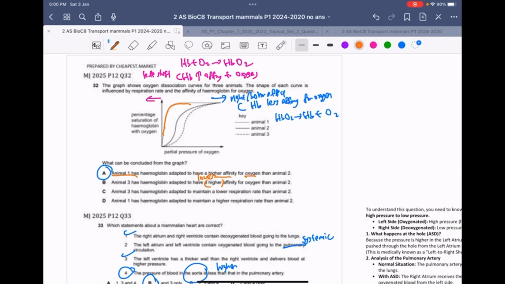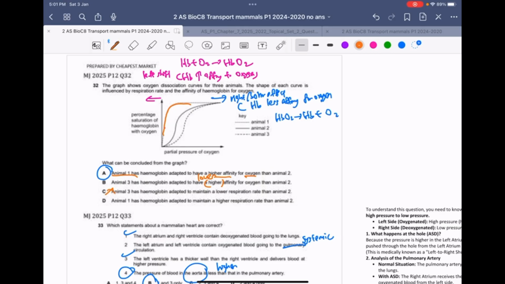So this is saying that animal 3 adapts to maintain a lower respiration rate, so its curve shifting to the right side is not correct, because if you have a lower respiration rate, it means that you should have a higher affinity of the hemoglobin to the oxygens, because you don't need too much oxygens released to the tissue. So this is not correct.